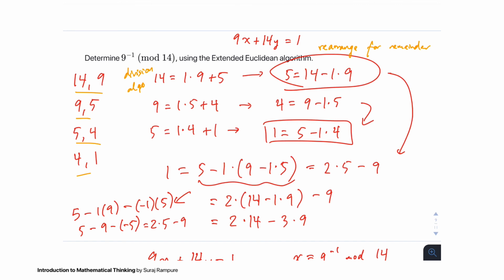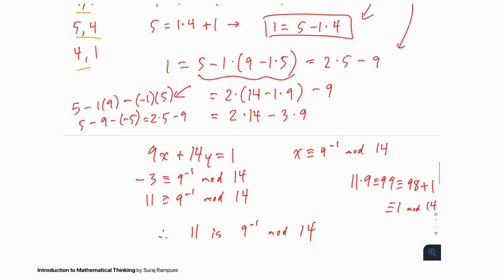And then we repeatedly substitute into our equation for 1 is equal to blank. So we substitute the second last equation into the last, and then the third last equation, and so on and so forth, in reverse order. And eventually, you'll get 1 is equal to some linear combination of 9 and 14, or in general, some linear combination of a and m. And then we take the coefficient on a, and we know that that is the inverse of a in modulo m. And that's exactly what we did here.